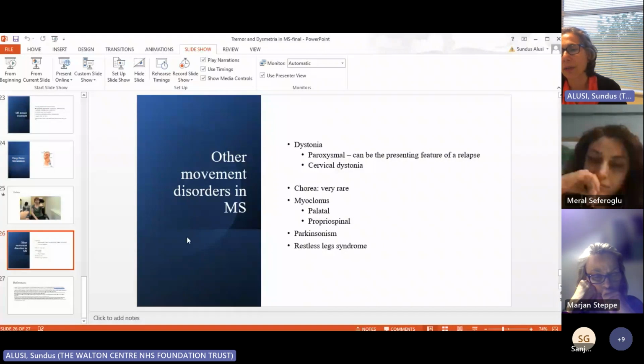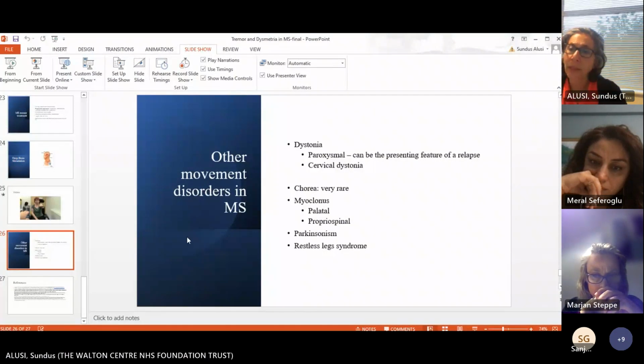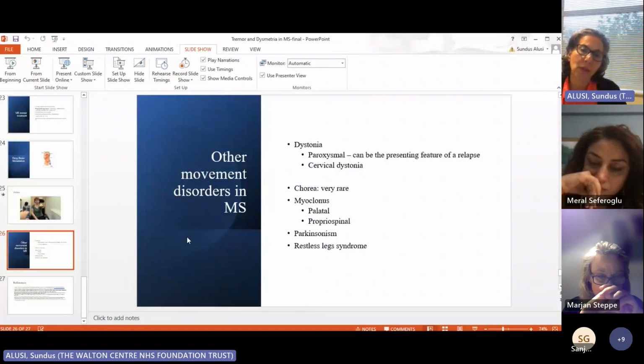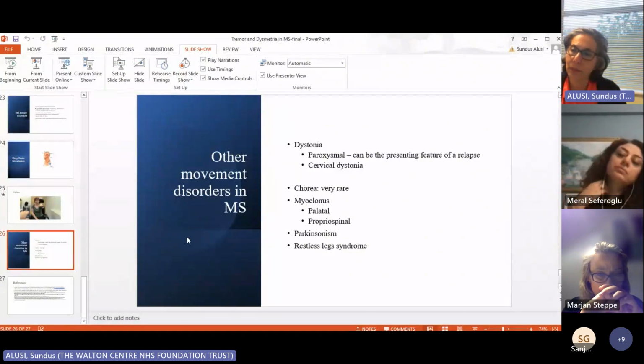And patients with MS have other movement disorders. So dystonia can happen in multiple sclerosis, particularly paroxysmal dystonia. And that could be actually one of the paroxysms of acute relapses that you see in multiple sclerosis. And it can be actually a presenting feature.